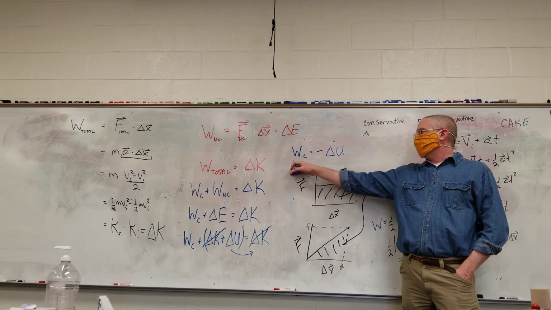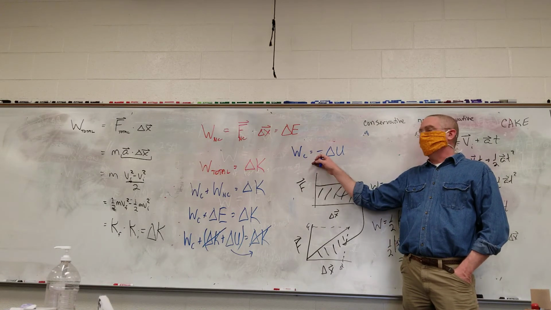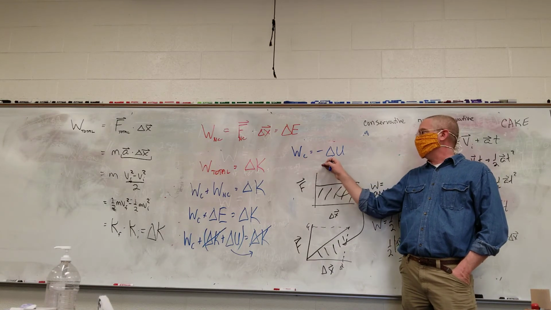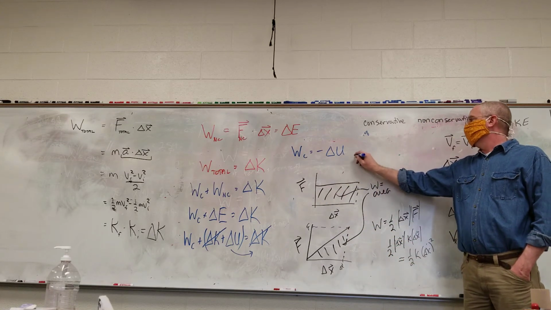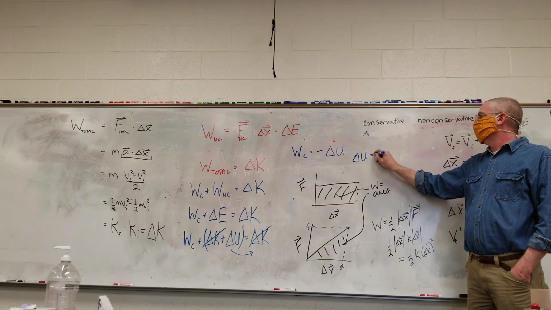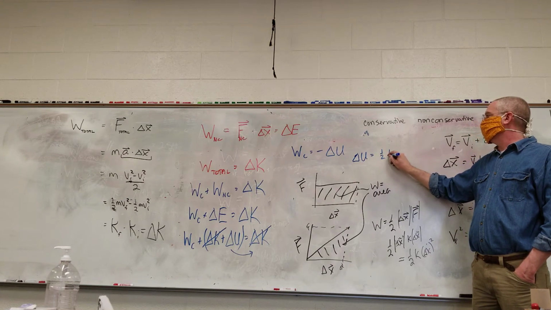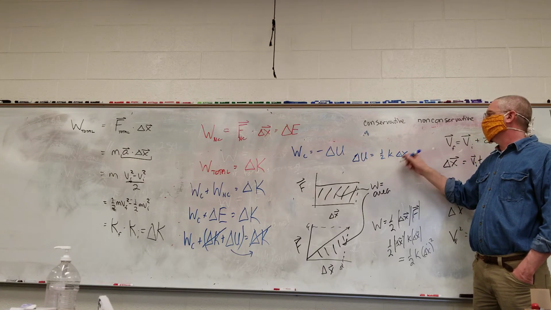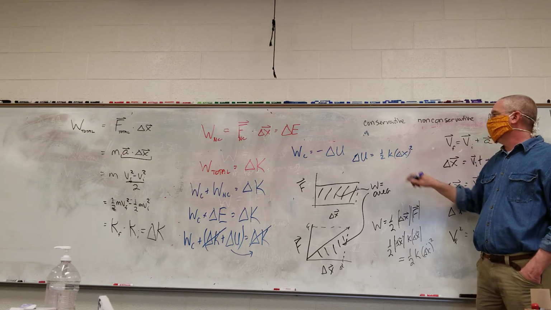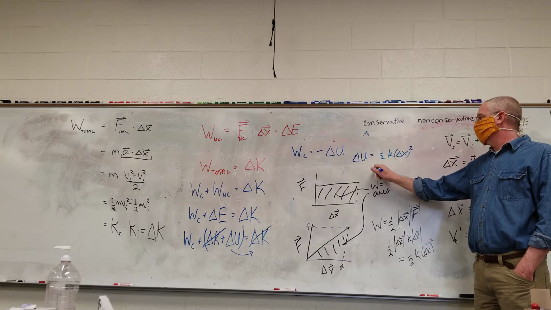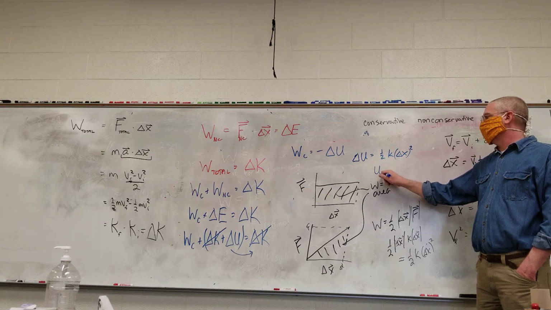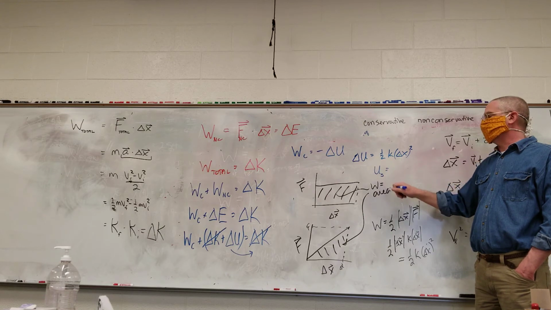And so it'll be a negative on this side, negative on that side, the negatives cancel out. So my change in potential energy will be equal to 1/2 K delta X squared. Generally, you would write that as the spring potential energy, or elastic.